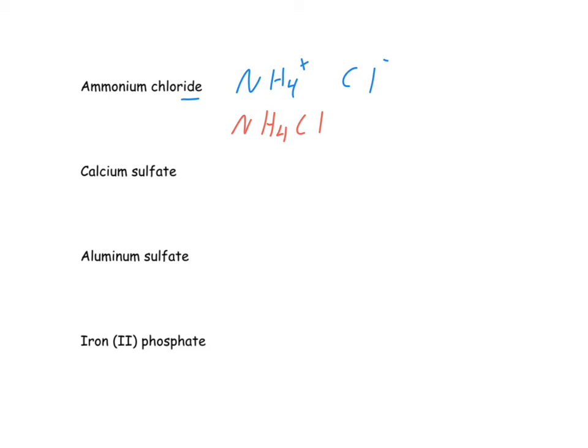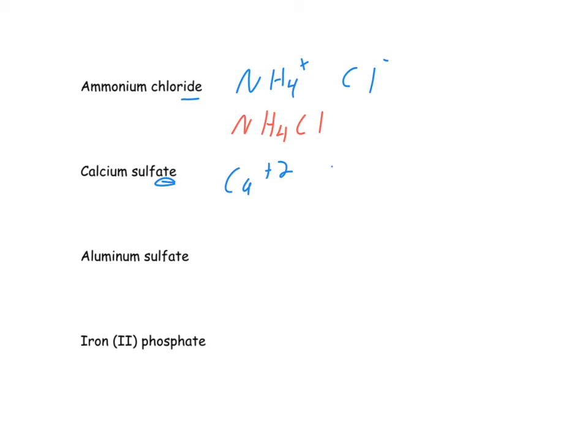So let's go ahead with another one, calcium sulfate. Calcium is a group 2 metal, so it is always +2. Sulfate is a polyatomic. Be careful with that one, because there's sulfate and then there's sulfide, which is a single element.